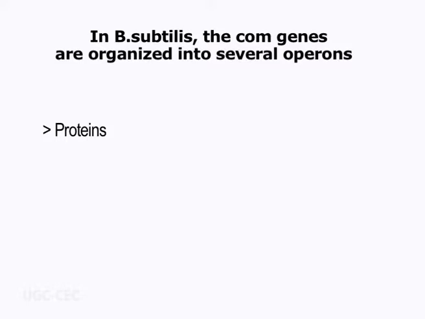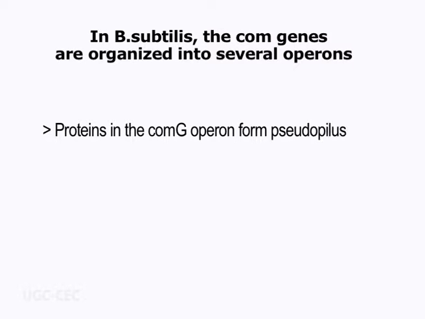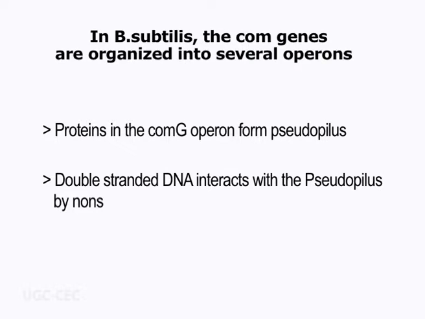So what is the function of COM-G? COM-G is responsible for formation of the pseudopilus. The function of the pseudopilus is to interact with the foreign DNA in an electrostatic fashion, whereby the negative charges of the DNA interact with the positively charged amino acids present on the COM-G proteins.